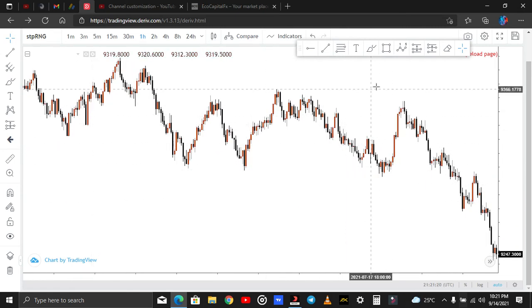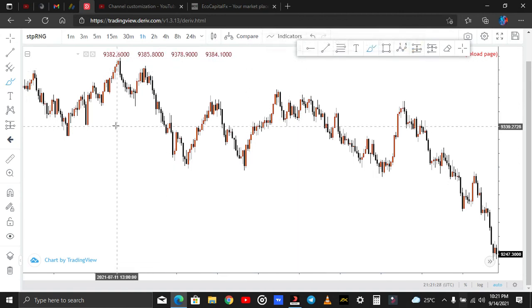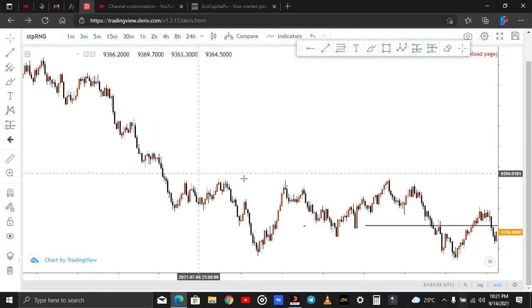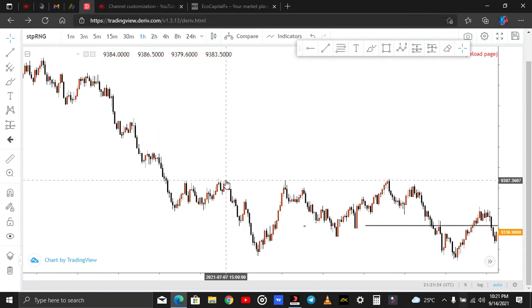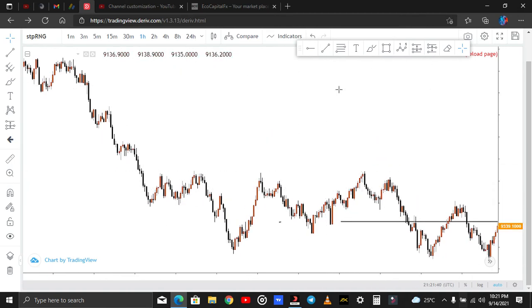Okay, same thing here. But now in this case, the trend line was respected. I'm looking for perfect lows. Okay, liquidity graph. Now can you see what happened here? This price was respected.